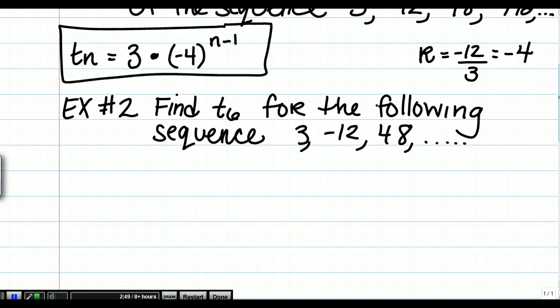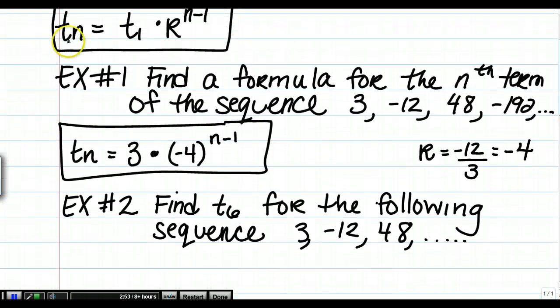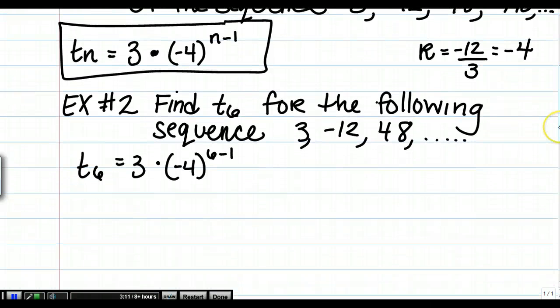So we're going to plug in what we know. We're going to use the equation at the top of our paper. So we're finding the 6th term. The first term is 3. We know that -12 divided by 3 is -4. And n is 6 minus 1.